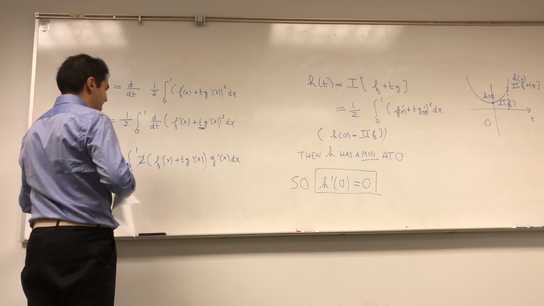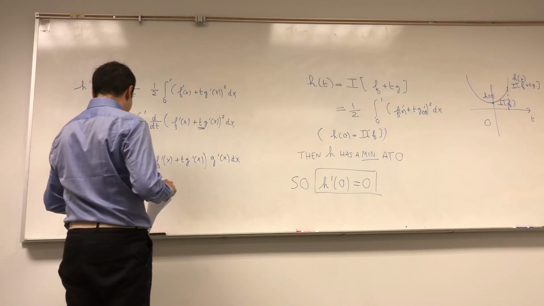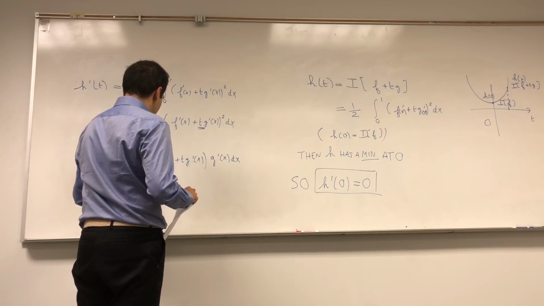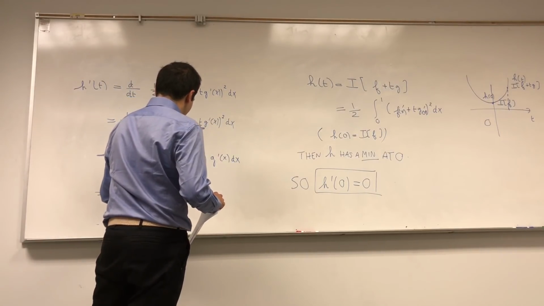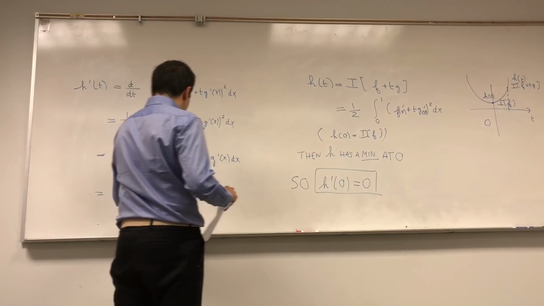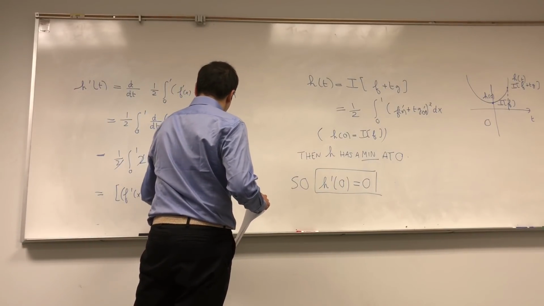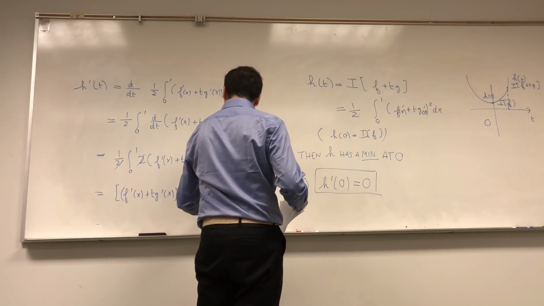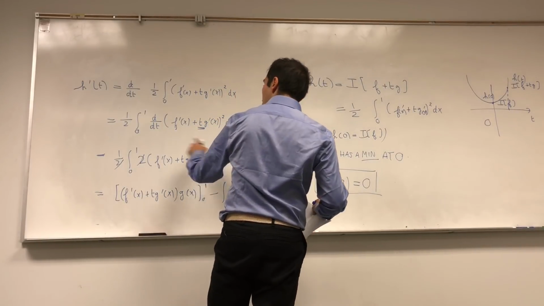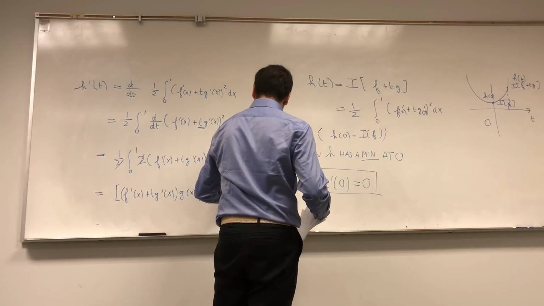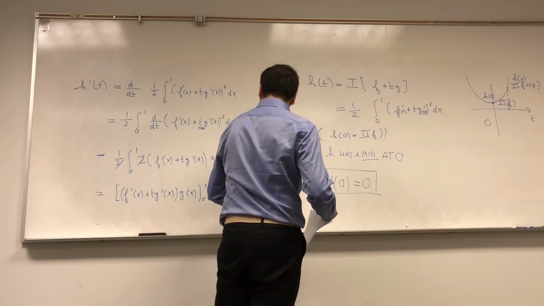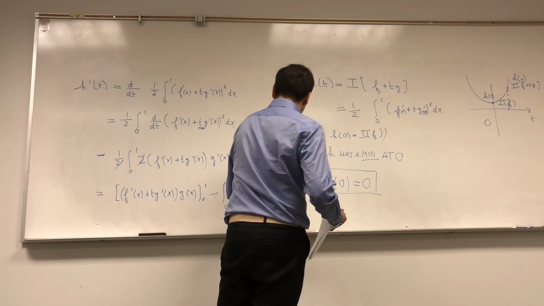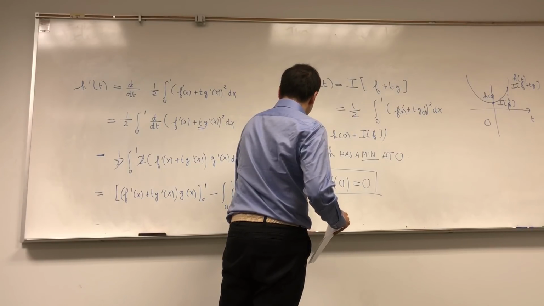So that's really (f prime of x plus t g prime of x) times g of x from 0 to 1, minus integral from 0 to 1, and now we put the derivatives on the other factor, (f double prime of x plus t g double prime of x) times g of x dx.